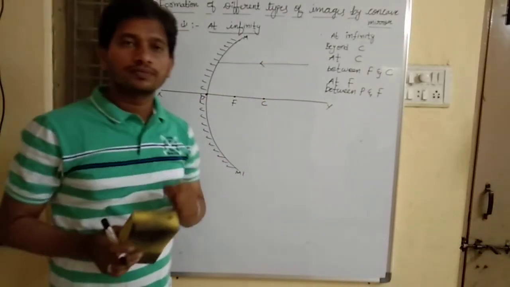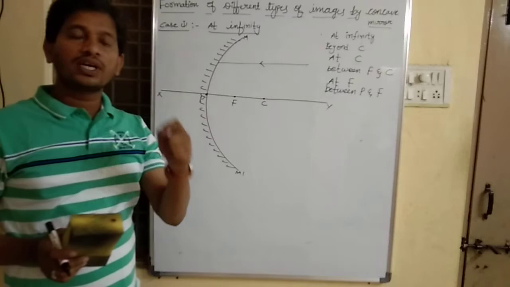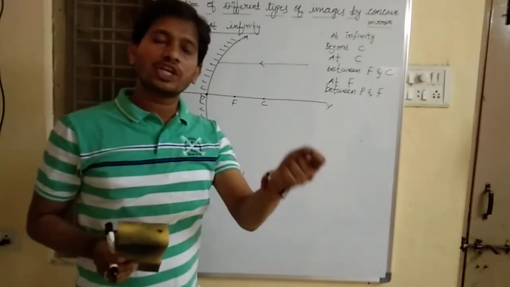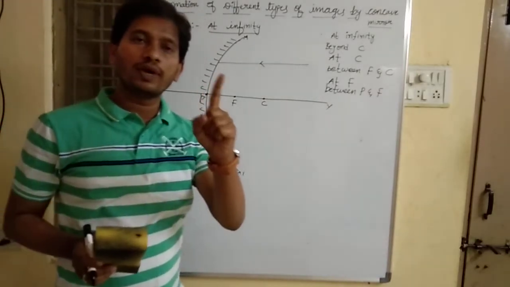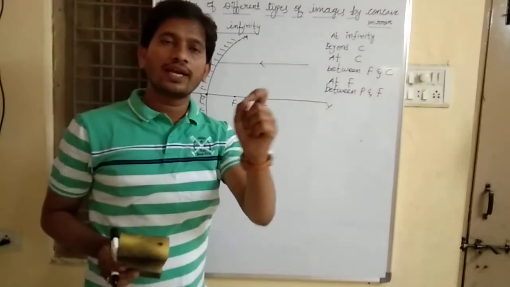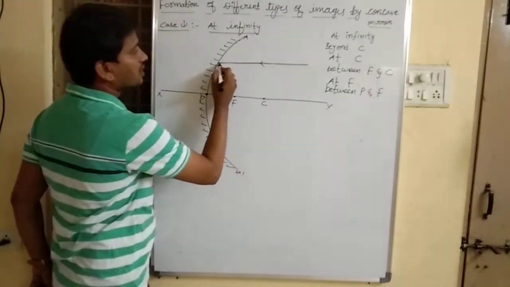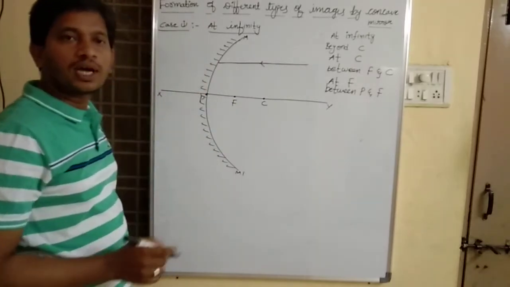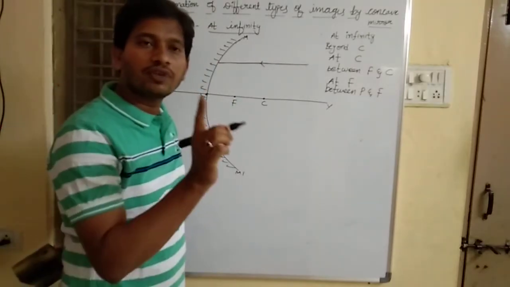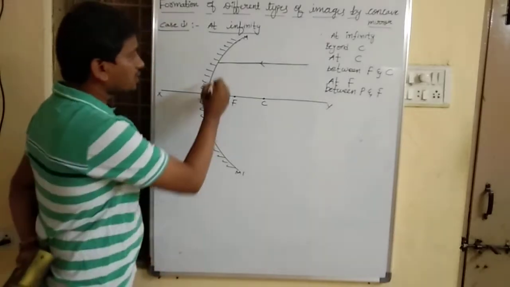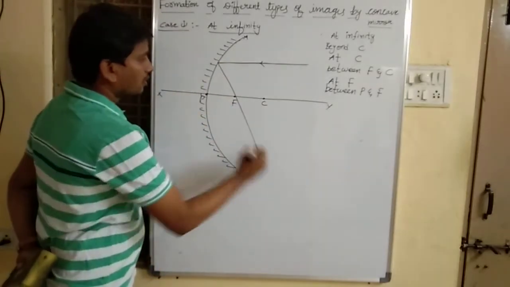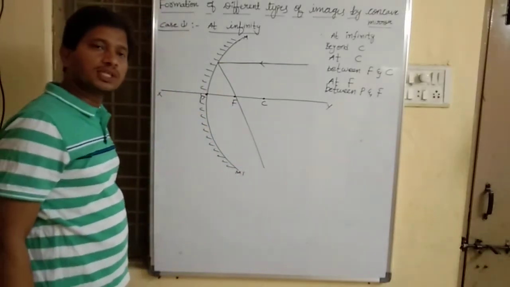According to rule 1 for drawing the formation of images by a concave mirror, when a ray of light is parallel to the principal axis of a concave mirror, after reflection it must pass through the focus.